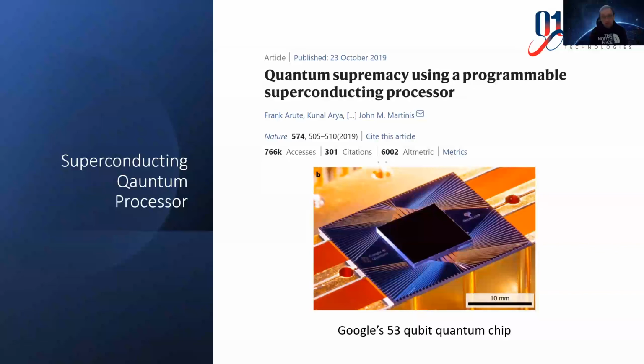This processor used only 53 superconducting transmon qubits to perform a very specific computational task. Solving this task takes about 200 seconds for the quantum computer, whereas it would take approximately 10,000 years for the state-of-the-art classical supercomputer.